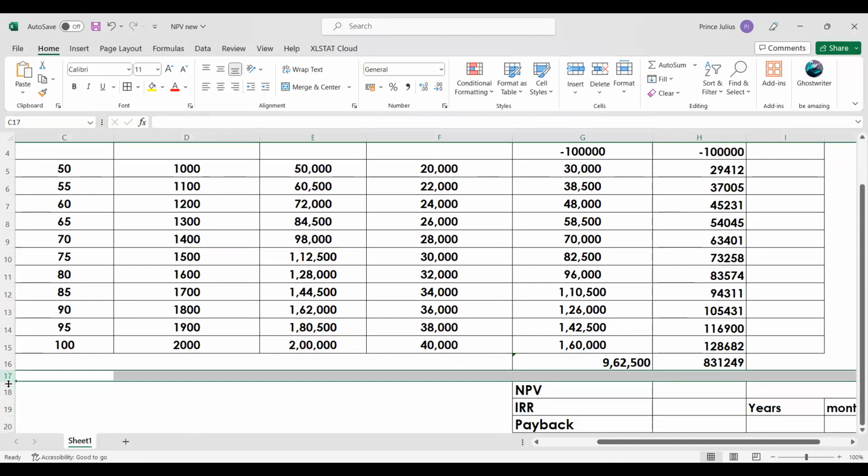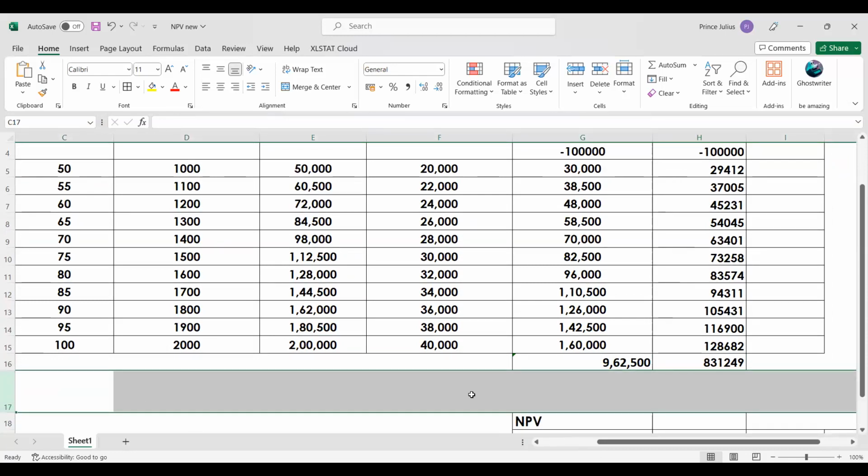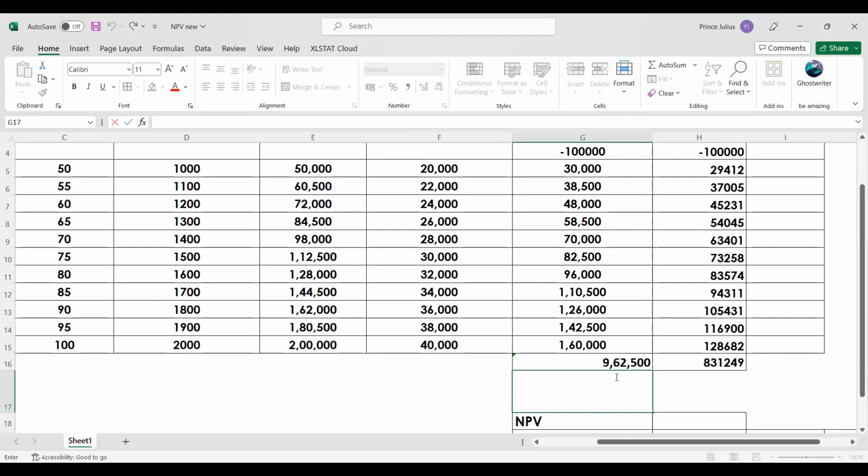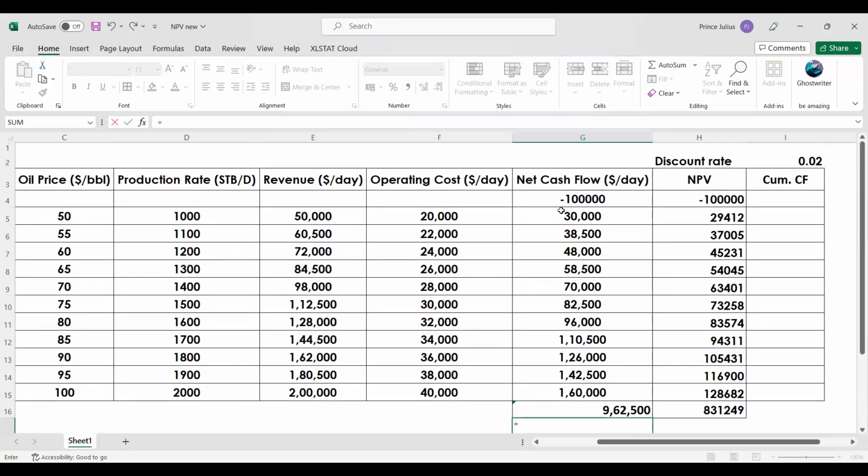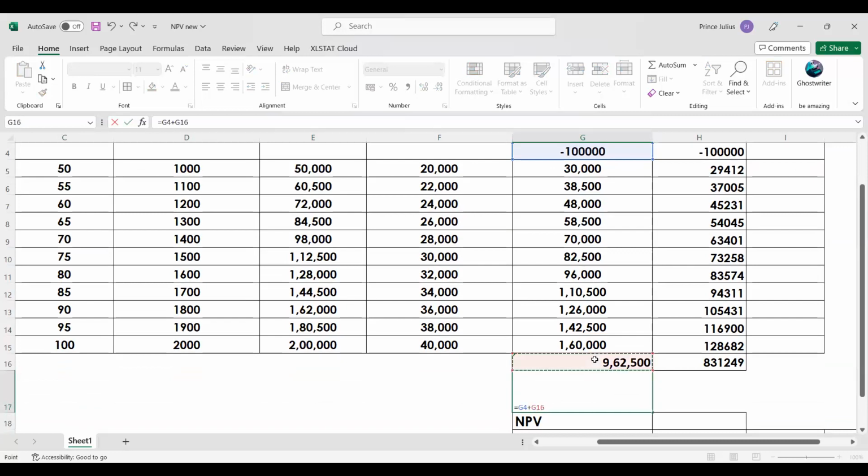So let me just see the values over here. What I have to do is simply sum the value of initial investment plus the amount that we got. So we got the value over here as $8,62,500, which is positive.